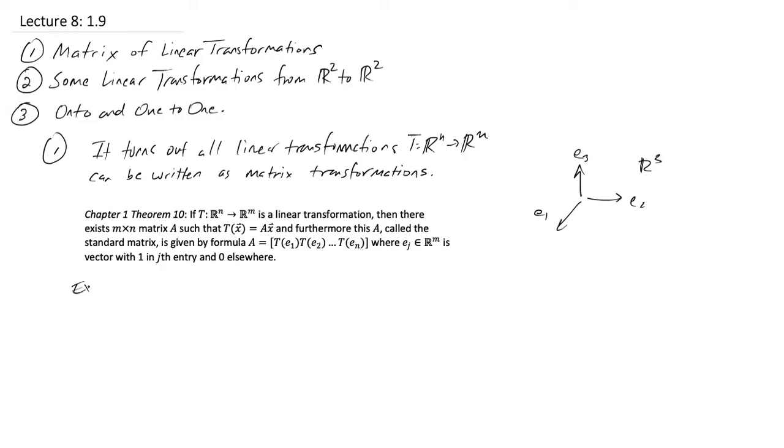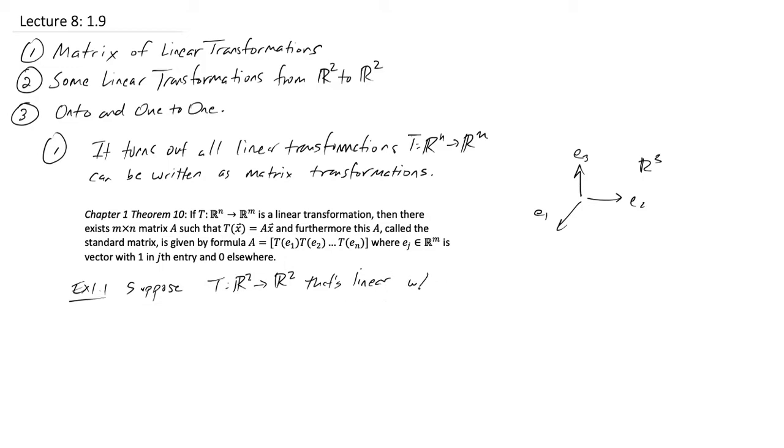Okay, so let's look at an example and we'll find this matrix using the formula here. So suppose we have a transformation from R2 to R2, and it's linear. It's important that this is a linear transformation, otherwise the theorem doesn't hold.